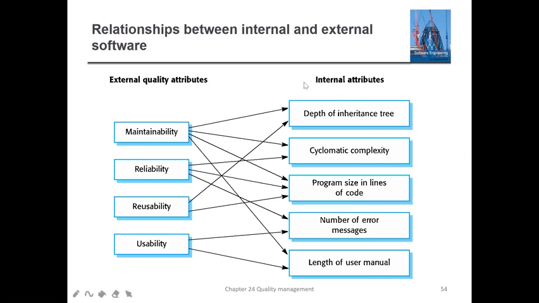So the relationship, how we are going to maintain it: if you want to go for maintainability, you have to go through all these things like depth, complexity, and program size. Similarly, all these things are interrelated. So this is all about your relationships.